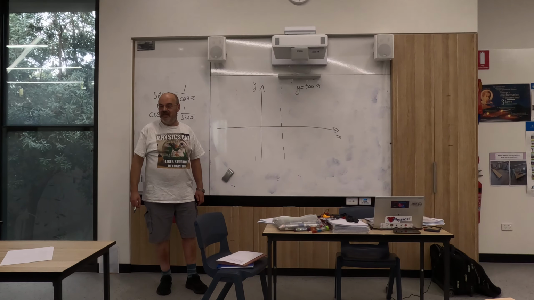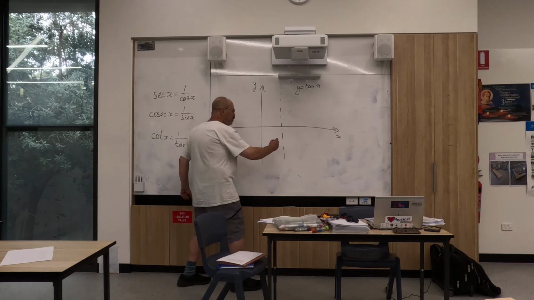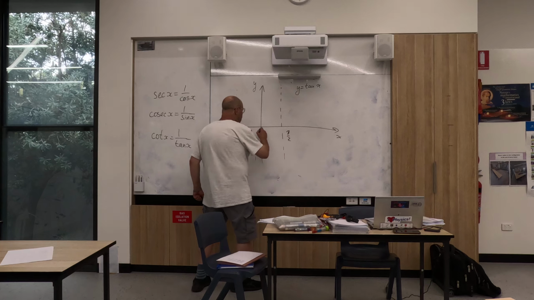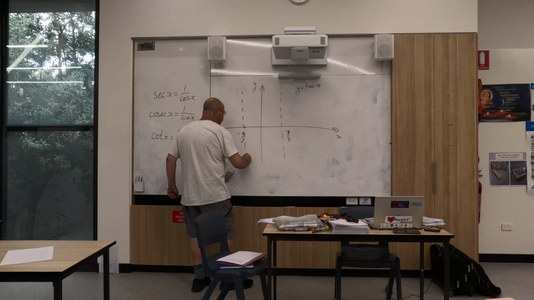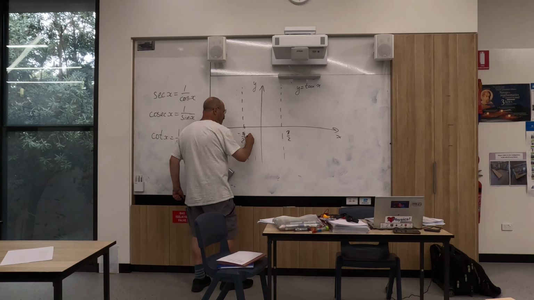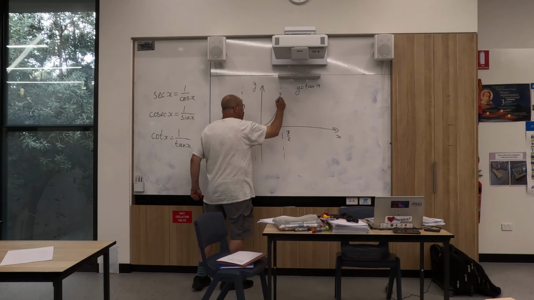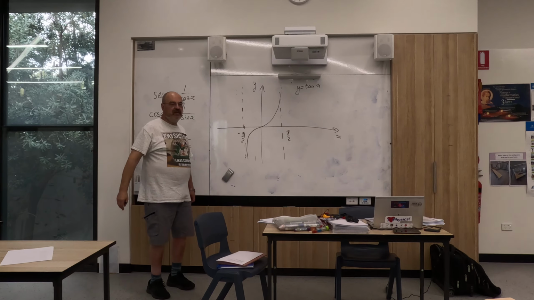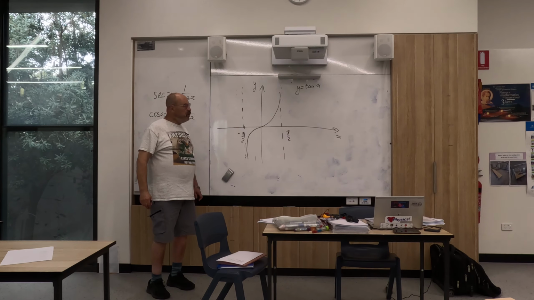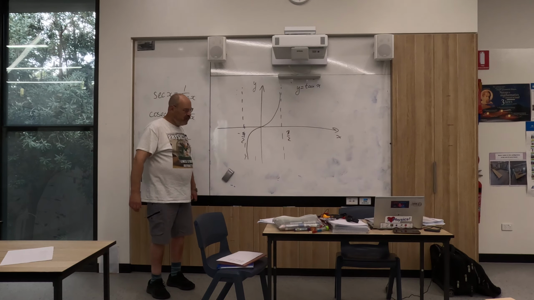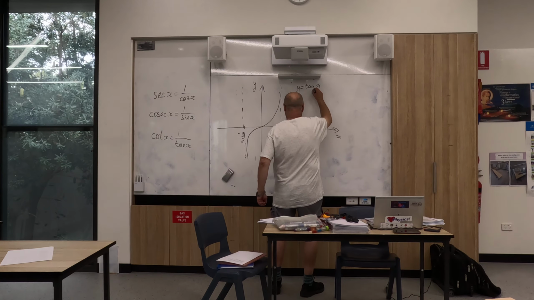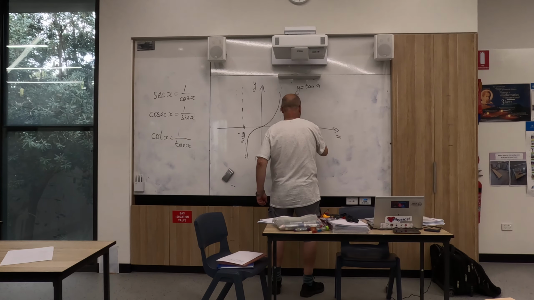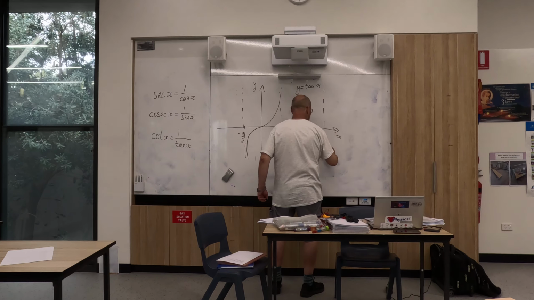Pi on 2, because when cos equals 0, then tan is not defined. So we have pi on 2, negative pi on 2, and that is the tangent graph, and then it's repeated every pi. If we do the reciprocal graph, I'll sketch another one: pi on 2, pi, and 3 pi on 2.